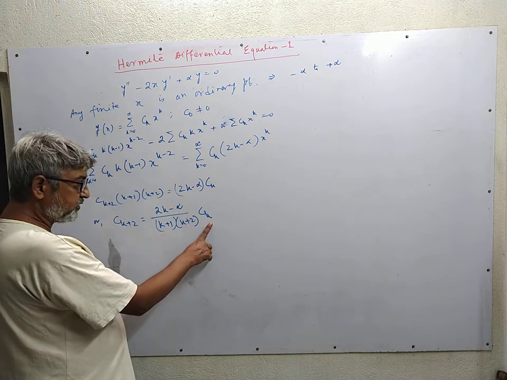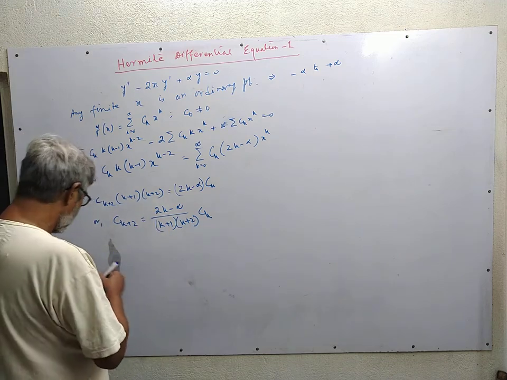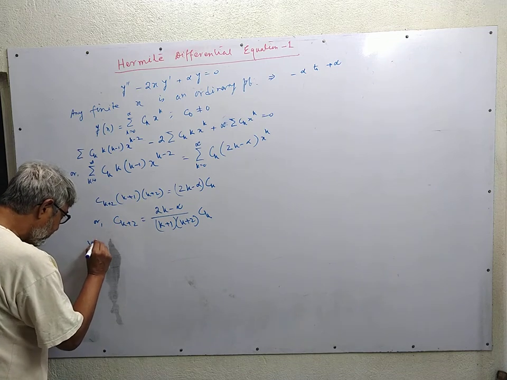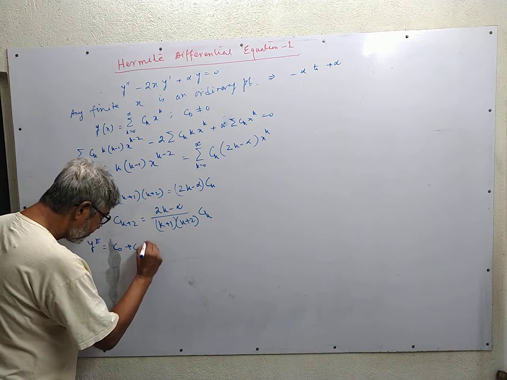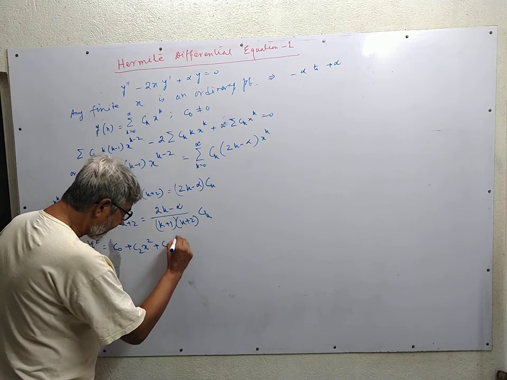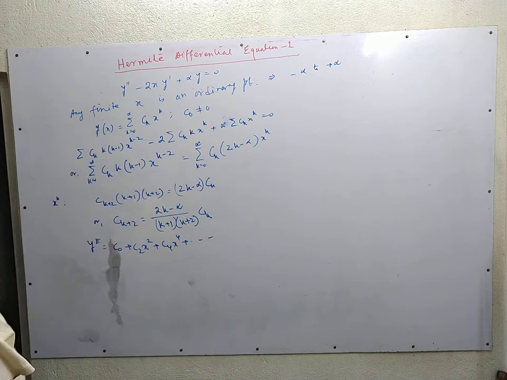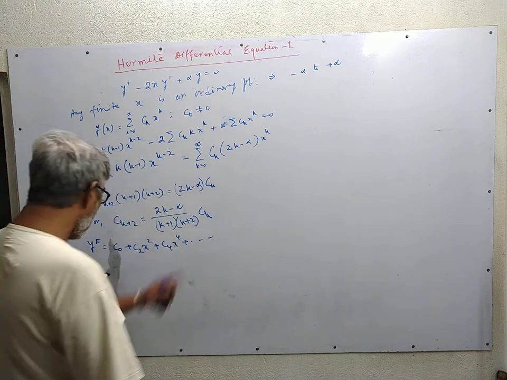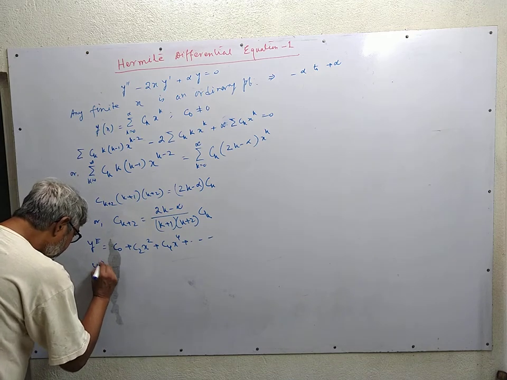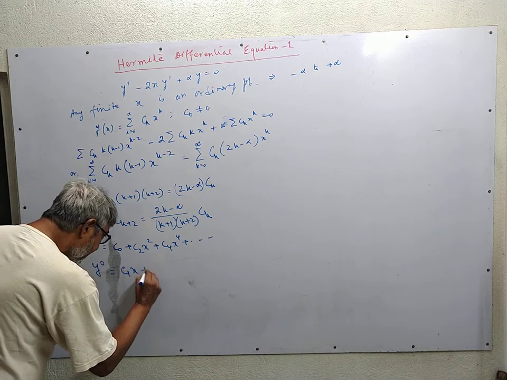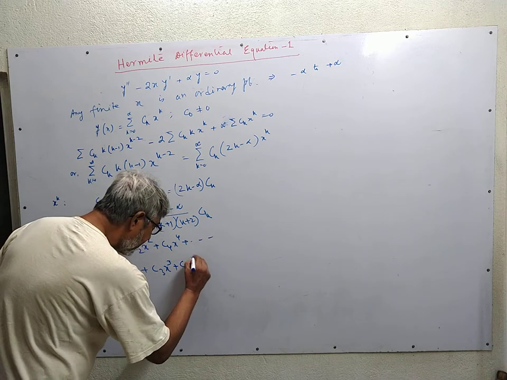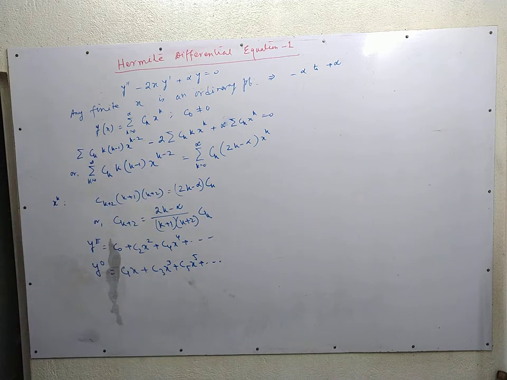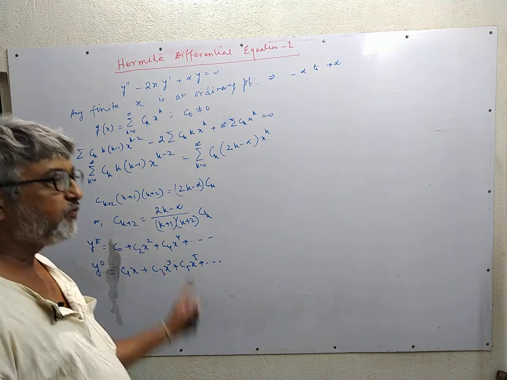One starting from C0, then going to C2, C4, etc. So we call it an even solution, which is comprising of C0, C2 x square, C4 x to the power 4 and so on. And the other one is starting from C1, and this gives you the odd solution, which is C1 x, then C3 x cube, C5 x to the power 5 and so on and so forth. This is the even series and this is the odd series. Both the solutions are infinite series.